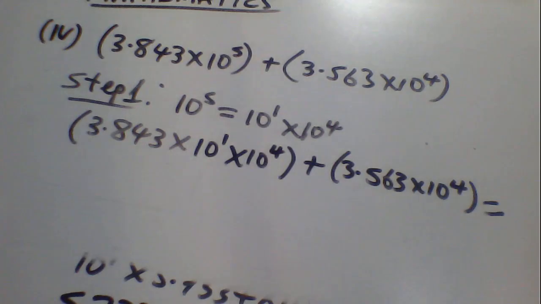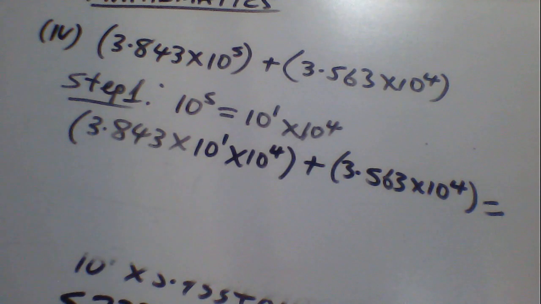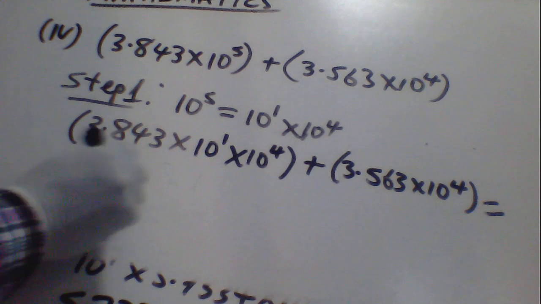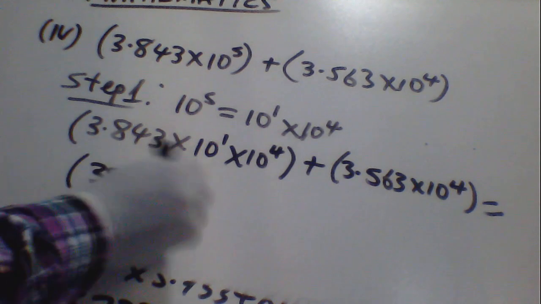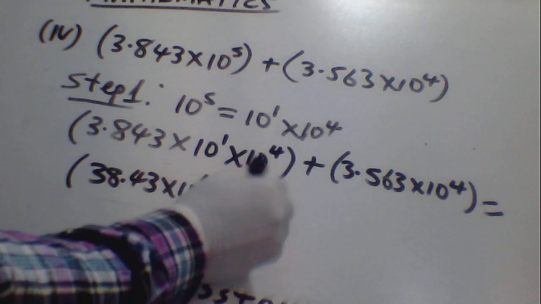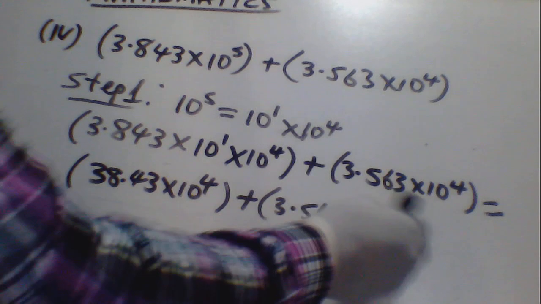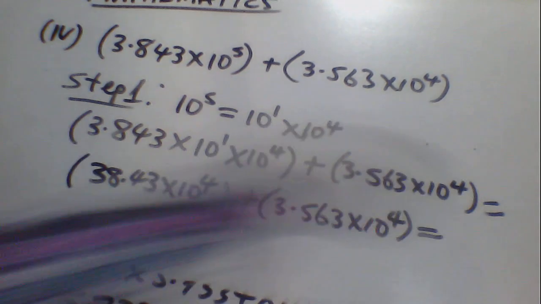Once we have done that, multiply this value with 10. If you do it, you have 38.43 times 10 raised to the power 4, plus 3.563 times 10 raised to the power 4.